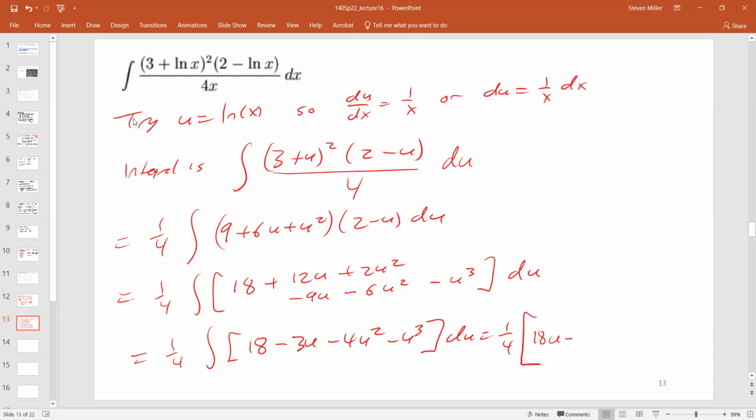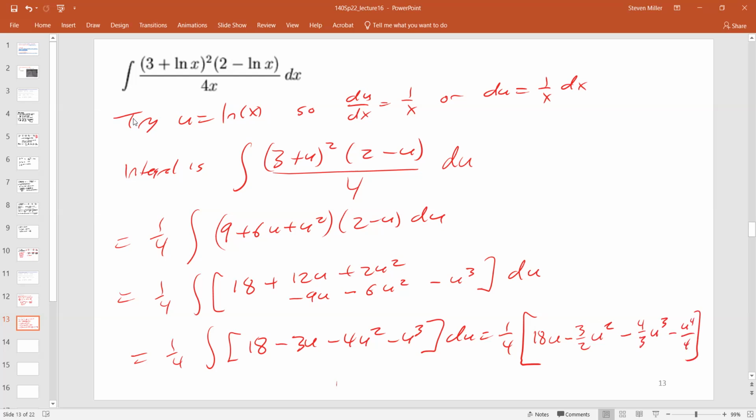And then the next term, minus 3u, what function is the antiderivative of minus 3u? Yes, 3/2 u squared. I'll do the next one, minus 4/3 u cubed minus u to the 4th over 4.